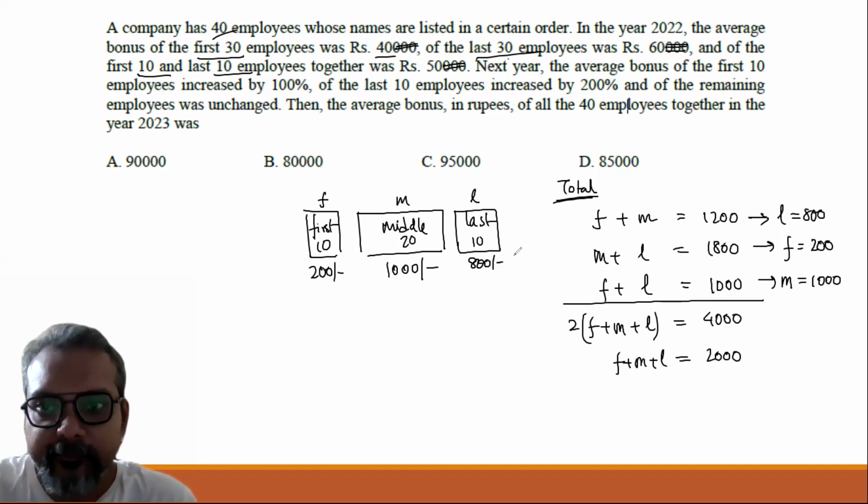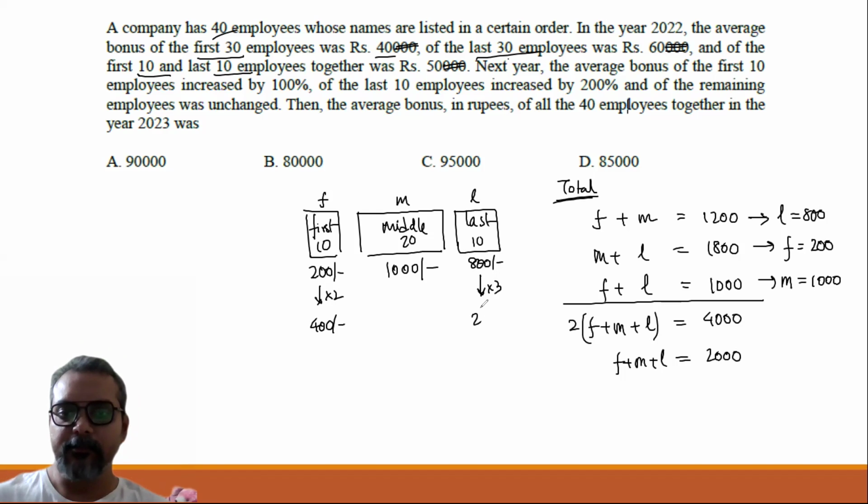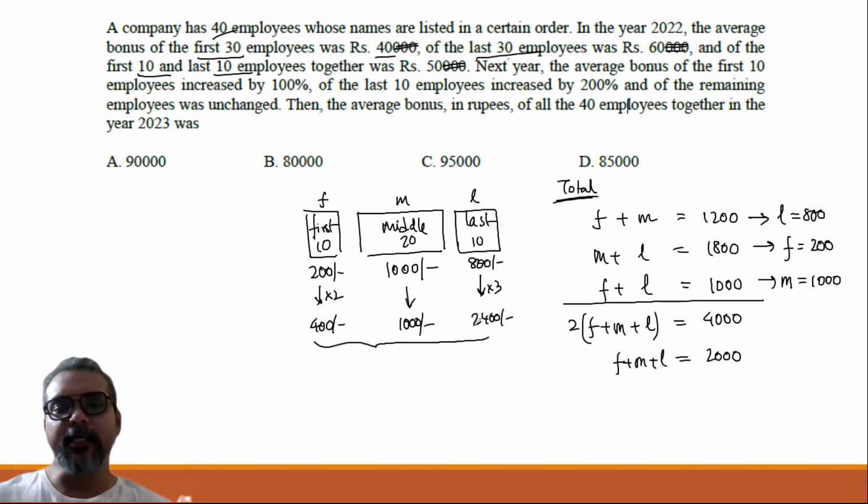Now they're saying that the first 10 employees' salary increased by 100%, means it became double. The last 10 increased by 200%, means it became triple. And the middle unchanged, so this remained the same. So the total salary now becomes 2400 plus 1000, that is 3,400, plus 400, 3,800.